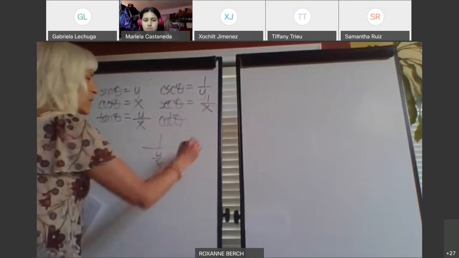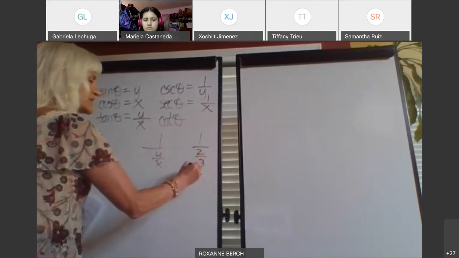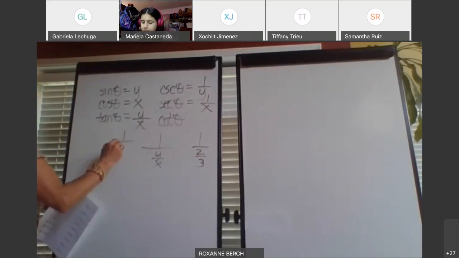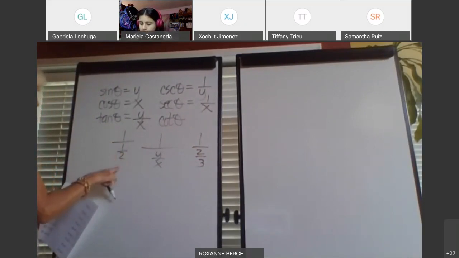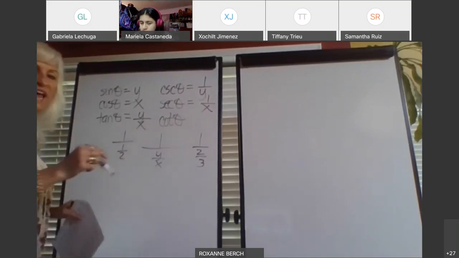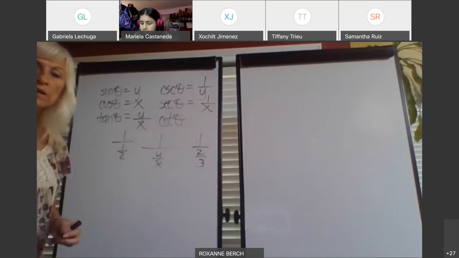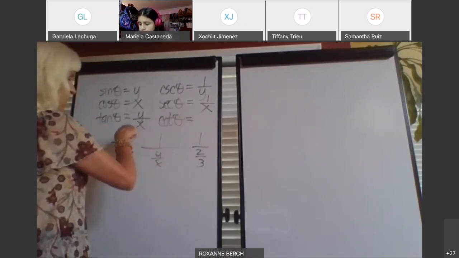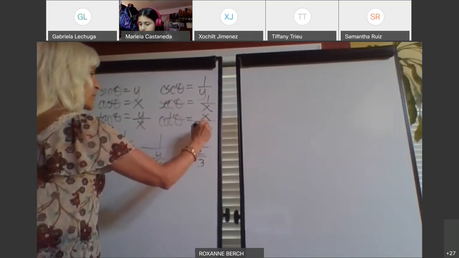So that's something you need to know. If you have 1 over 2/3, that's 3/2. If you have 1 over 1/2, that's 2. So basically, when you take 1 over a fraction, you get its reciprocal. So cotangent is just 1 over y over x, which is just the reciprocal.